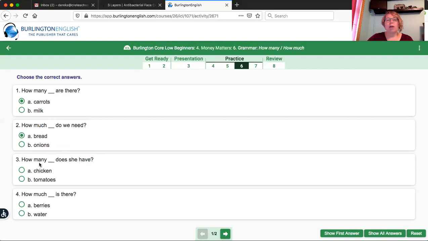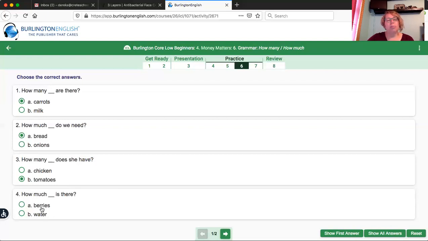Number 3, how many? Counting. So which response can we count? Chicken or tomatoes? I cannot count chicken. I can count tomatoes. So my response, how many? Counting. Tomatoes, counting. How many tomatoes does she have? Number 4, berries, water.